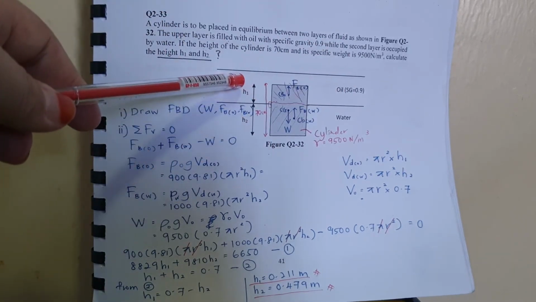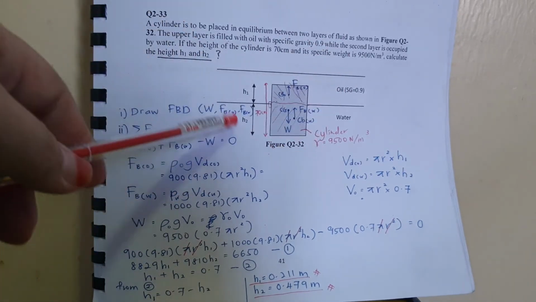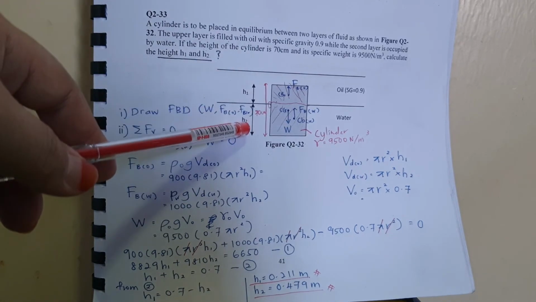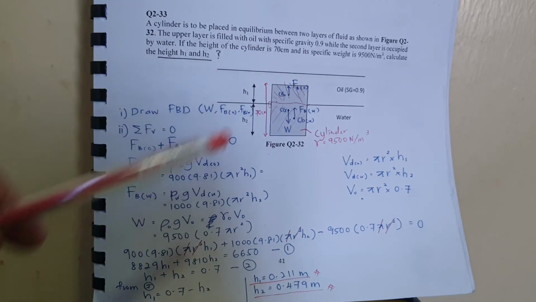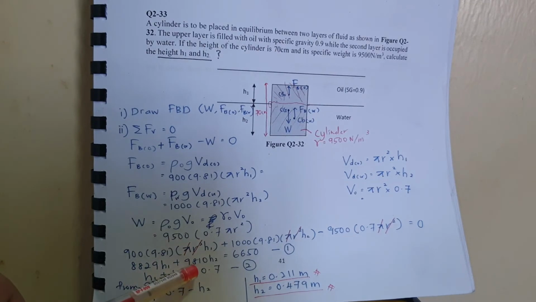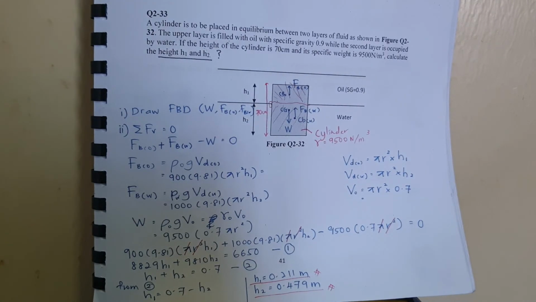So another equation we can take from this problem is H1 plus H2 equal to 70 centimeter. So this is equation 2. So now use mathematical knowledge to solve the mathematical problem. So do the substitution.